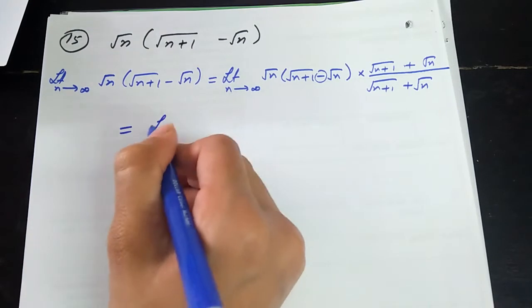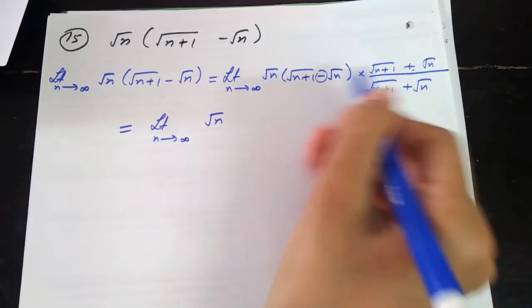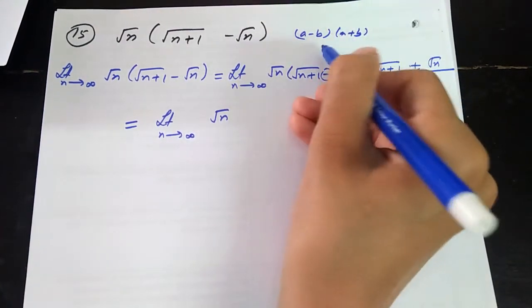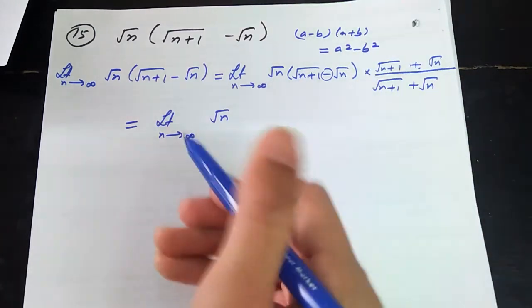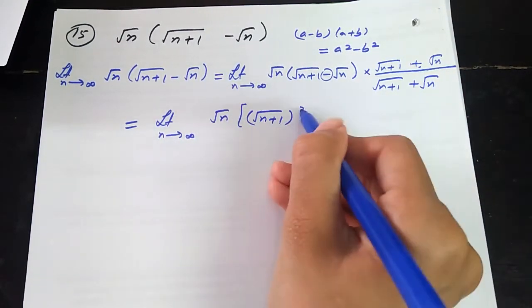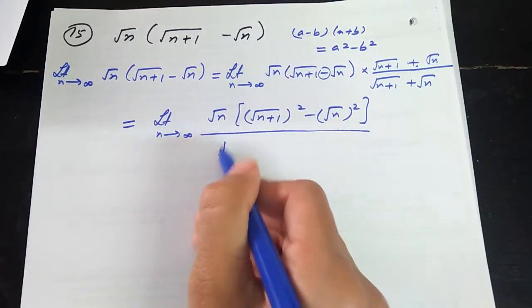Now we get the limit as n approaches infinity of square root of n times... We know the formula (a minus b)(a plus b) gives a squared minus b squared. So we get (square root of n plus 1) squared minus (square root of n) squared, divided by the denominator as it is.